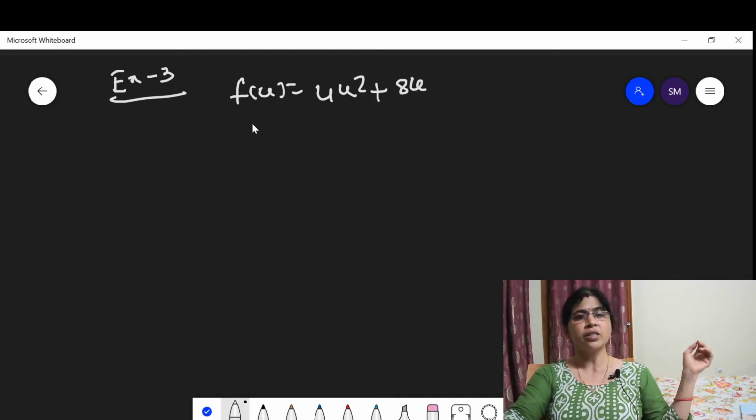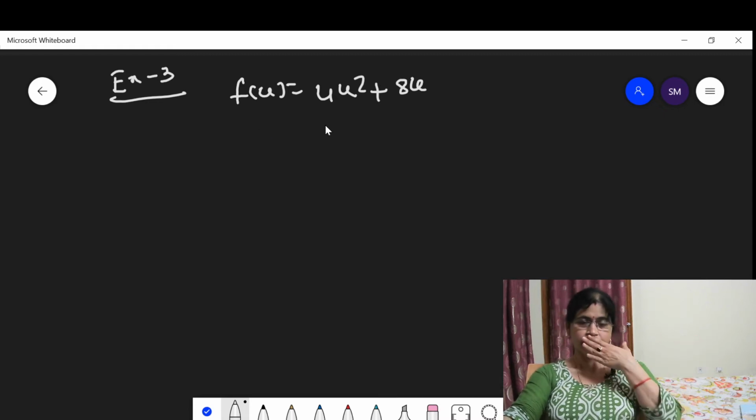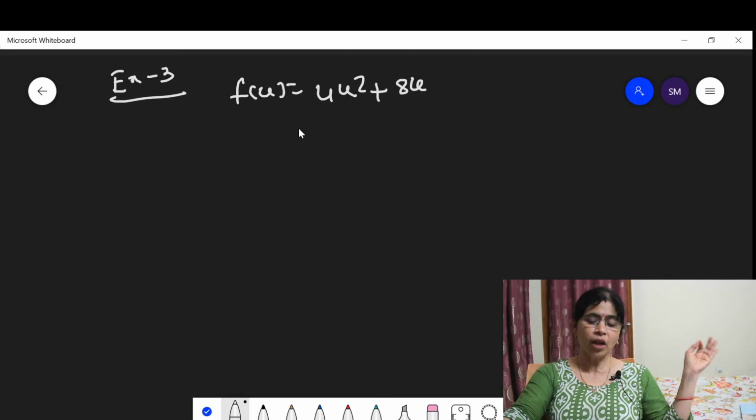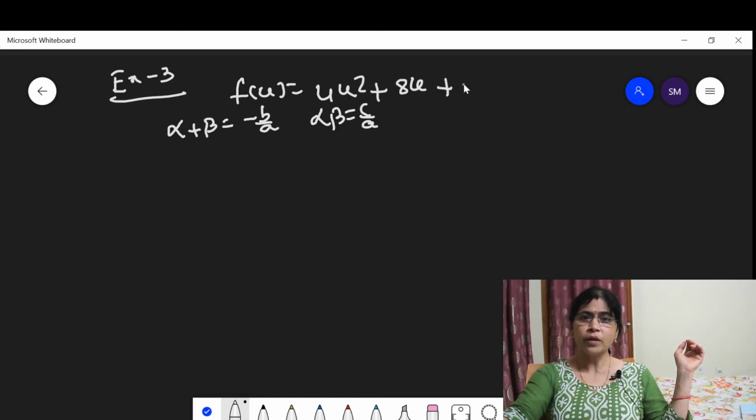Now let us find the two zeros of this polynomial and verify the relationship between the two zeros. The relationship is alpha plus beta is minus b upon a and alpha into beta is c upon a. Here the given polynomial is 4u square plus 8u plus 0.